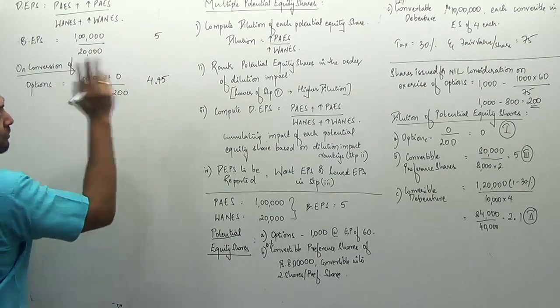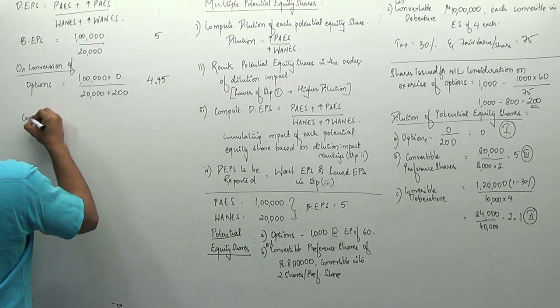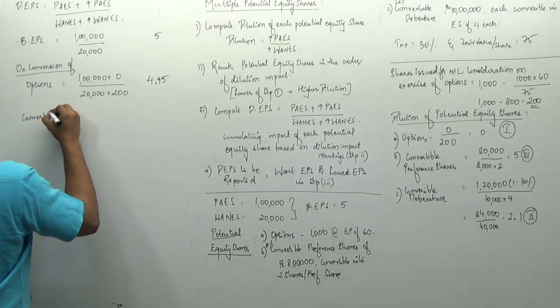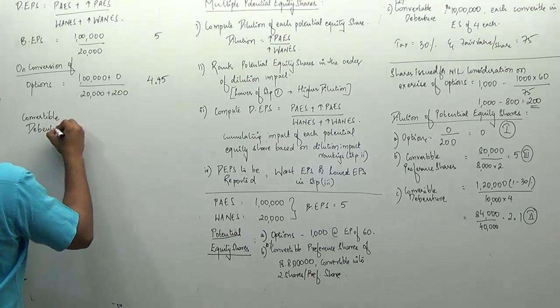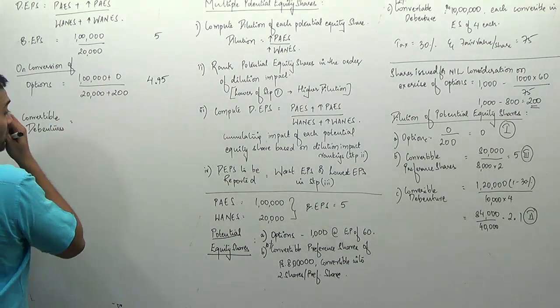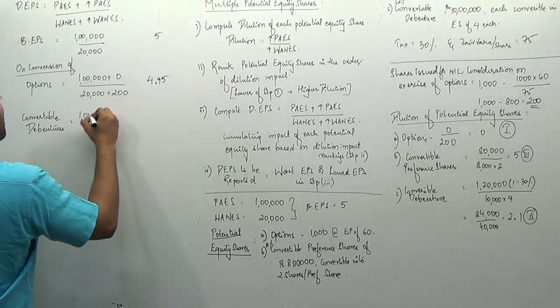On conversion of point number 2, what is the second rank? Second rank is convertible debentures. For convertible debentures, I have to give a cumulative impact.